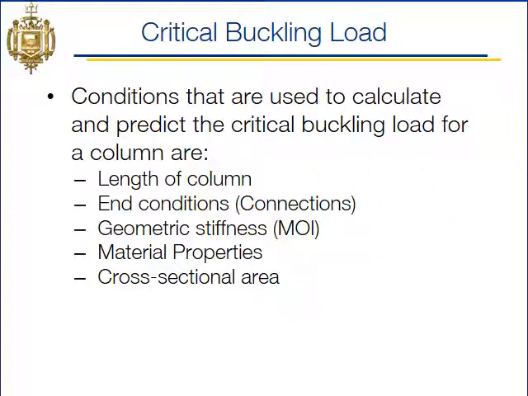The importance of calculating the critical buckling load is that you want to compare it to your design load, what you think the building is going to be loaded with, and make sure that the column is strong enough to withstand the loads that the building or structure is designed for.